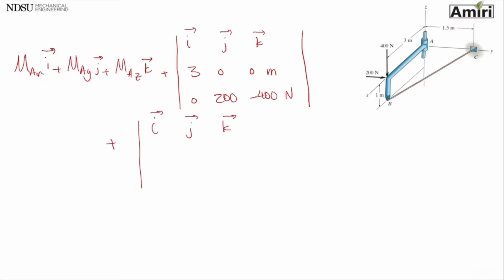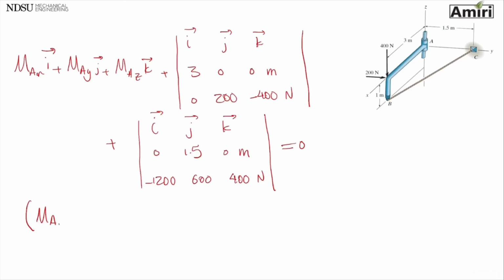IJK, this is a vector, 0, 1.50 meters, and T, if I find components of T, is going to be 400 newtons. All of this equals 0. So if you do the math, you are going to get something like this.